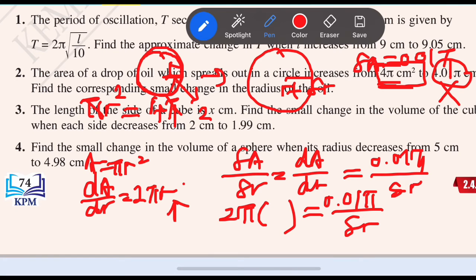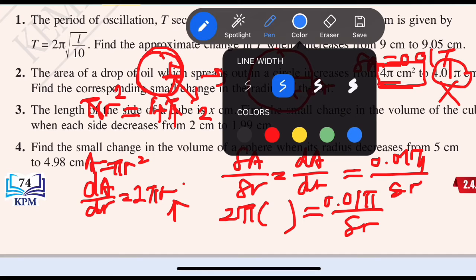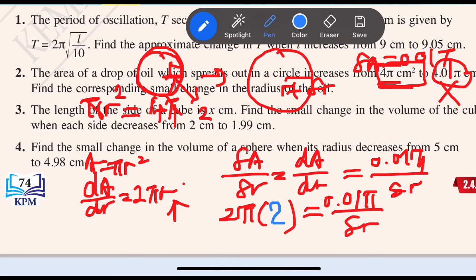R squared is 4, so R is plus minus 2, but because radius is a magnitude, we will choose R equal to 2, and we will substitute. So you will substitute into the dA/dr, so you will get 4 pi, and then you will solve the delta R by cross multiplying. Again, I highlight to you the radius value must be from the area before changes, or the original value of the area.